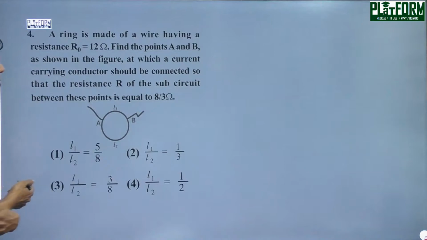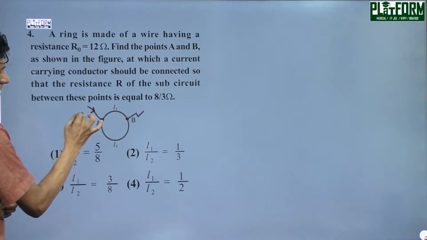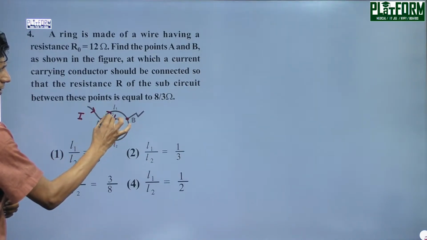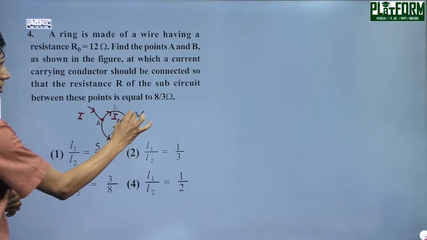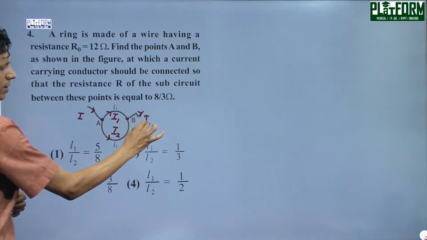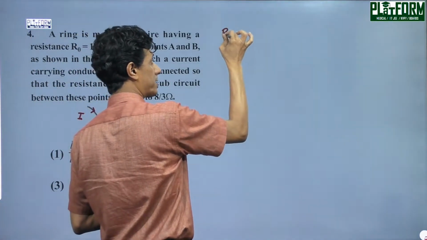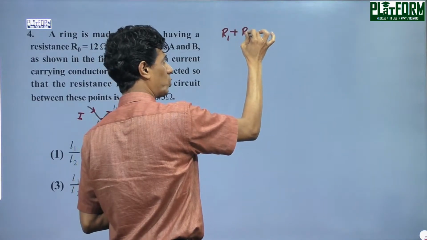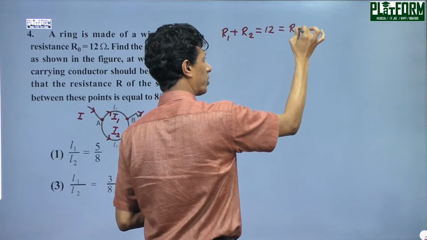A ring is made of wire having resistance R naught equal to 12 ohm, and as shown in figure, current enters into this and divides into two parts. Current in this division is I1 and current in the other part is I2. Here the resistance R1 plus R2 is equal to 12 ohm, which is R0.